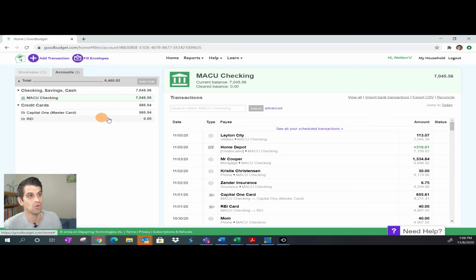The credit card money has already been pulled out of your envelopes, and your checking account money is allocated in different envelopes. So the envelopes are the true reality of what money you have, since the money in your credit card is already spent and pulled out of your envelopes, but it hasn't been transferred from your MACU checking. It's that simple.